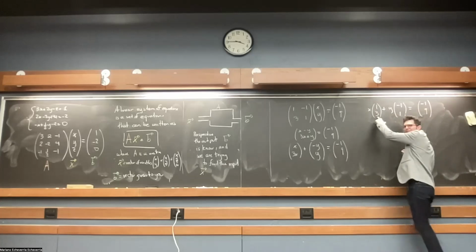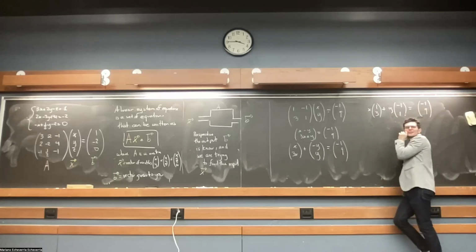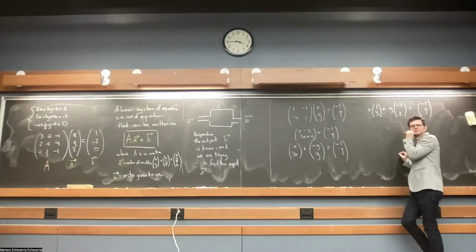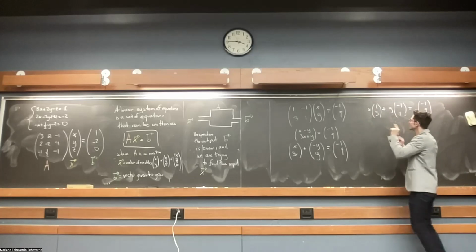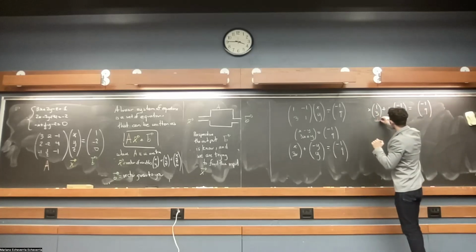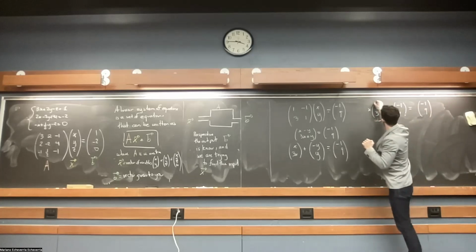Now what's this vector 1, 3 in terms of the original matrix? What does this correspond to? This is the first column, right? So this is column 1. Good.